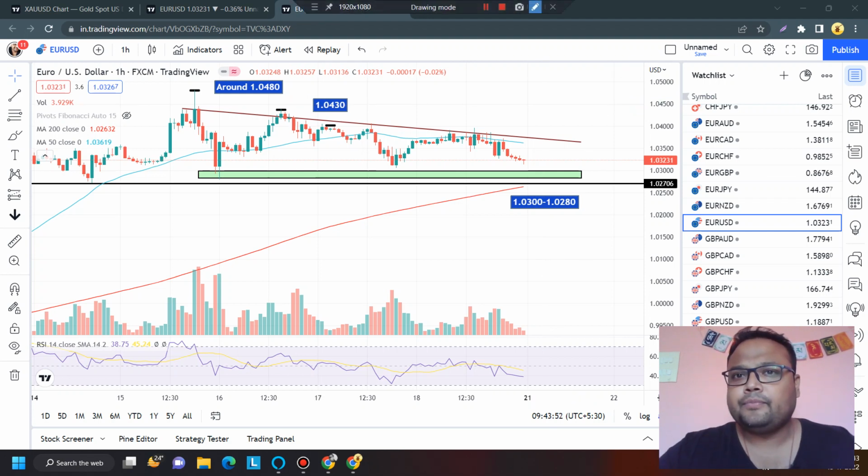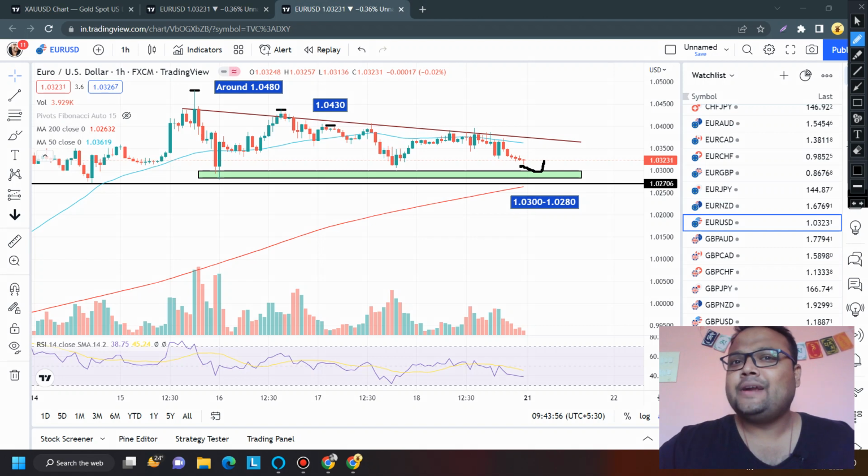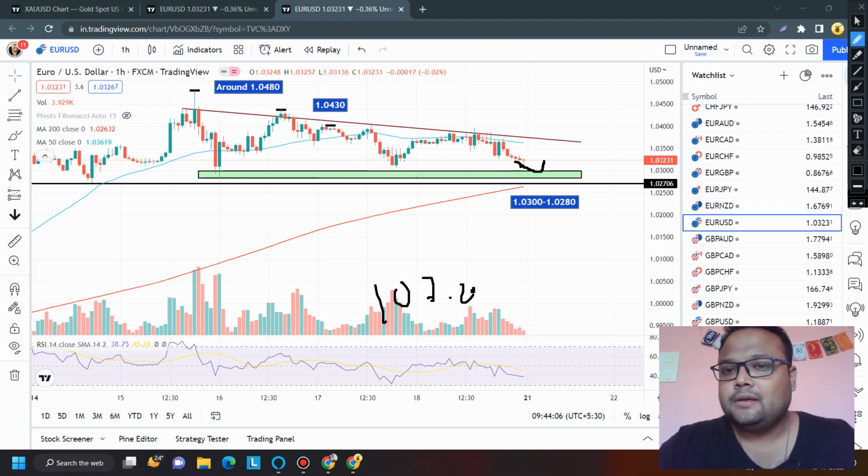So if DXY reverses, listen to me carefully, if DXY reverses from the resistance of 107.20, we will see the market taking support around 1.0300 and going up, because this is the next immediate support for Euro USD.